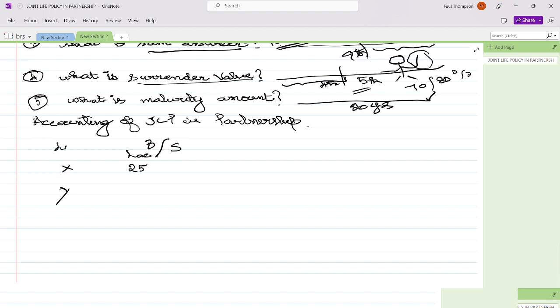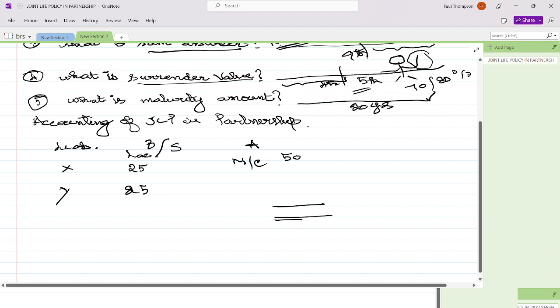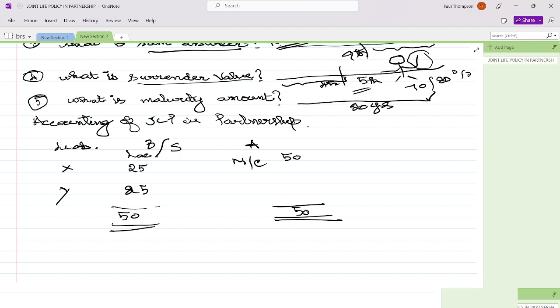This is the liability side of this balance sheet, and assets are here. Y's capital is 25 lakh. So they have got a machinery for 50 lakhs. Suppose they are running a textile industry and they have got a machinery of 50 lakhs with this capital contributed. So their balance sheet looks like this. There is no cash, no bank amount, nothing is there.